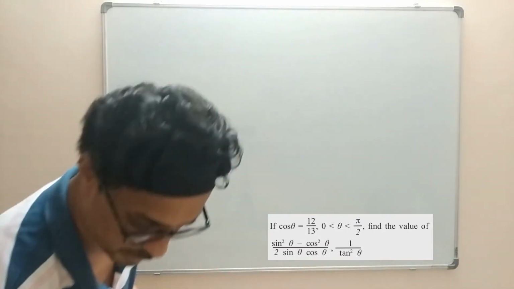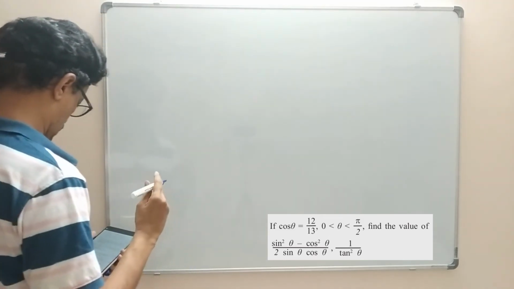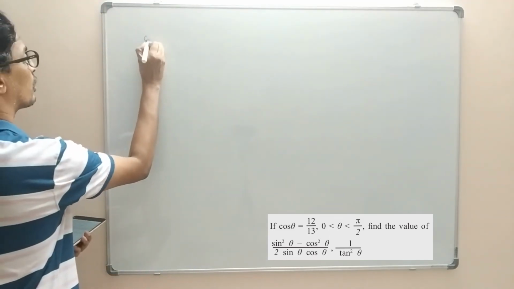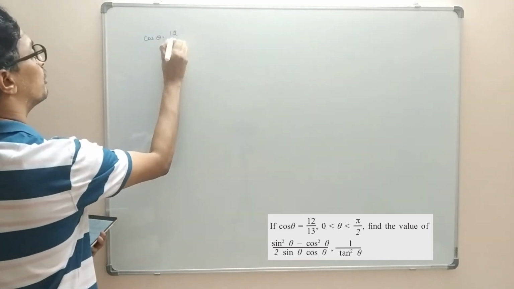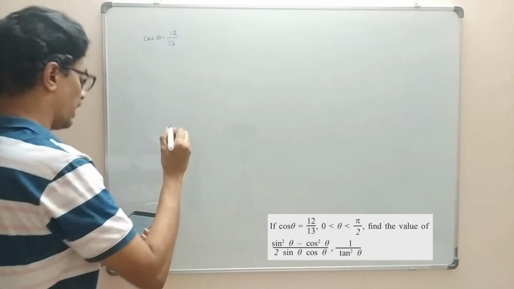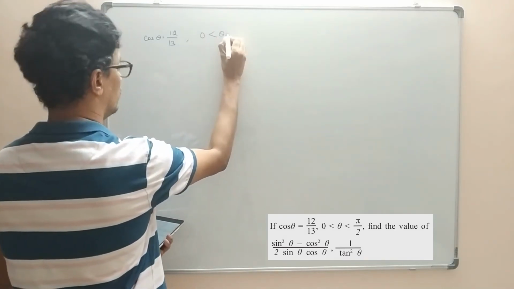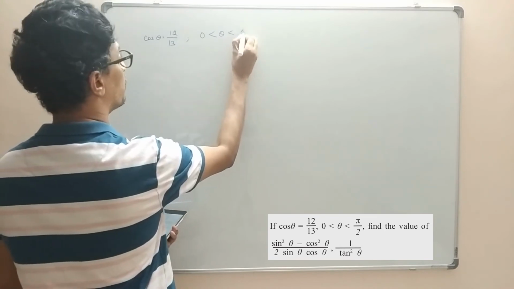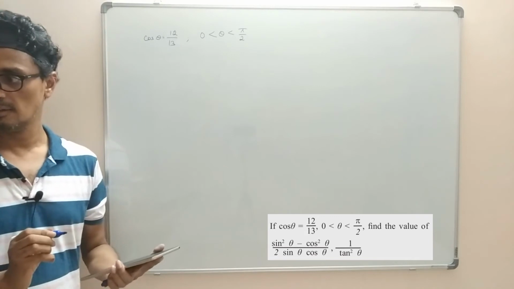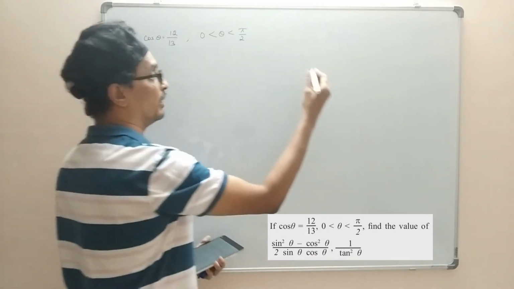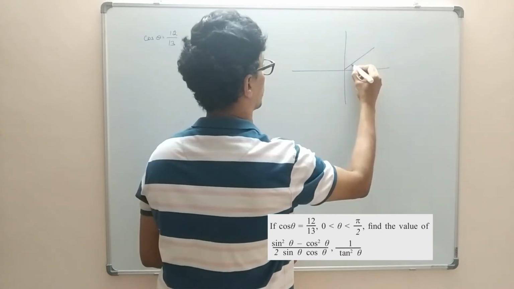So what they have given is cos theta equal to 12 by 13, and theta is such that 0 is less than theta is less than pi by 2. So which quadrant is it? First quadrant, because pi by 2 is 90. So theta is going to fall here.